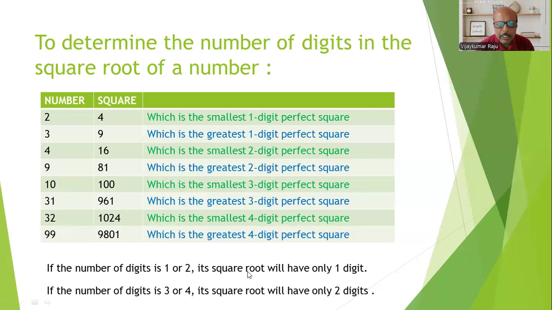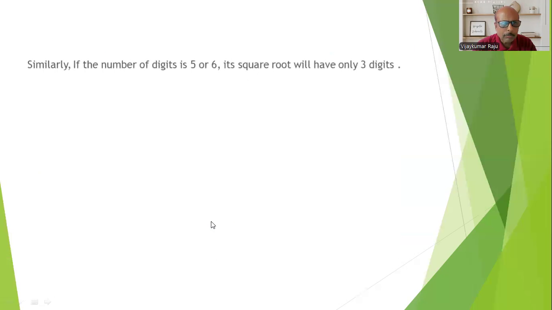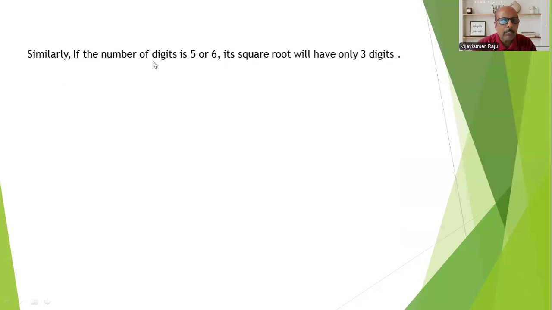So what we see is that it goes out in pairs. If one pair is formed, you get one digit. If two pairs are formed, you get two digits. Similarly, if the number of digits is 5 or 6, its square root will have three digits.